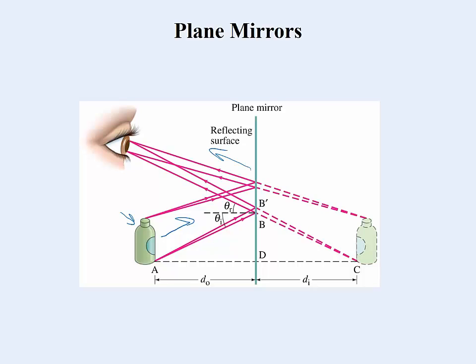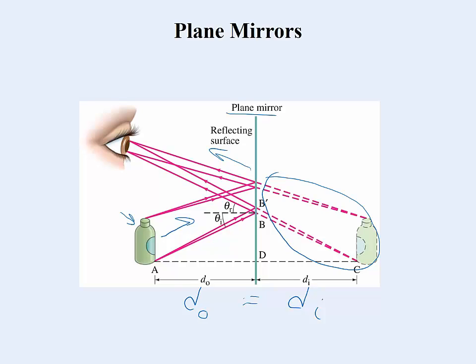Our brain can't interpret it that way. It assumes that the light comes into the eye from straight lines, and therefore the object, our bottle in this case, the brain interprets it as being behind the mirror, the same distance as the object is in front of the mirror. And again, this is a plane mirror, this is a nice flat mirror.